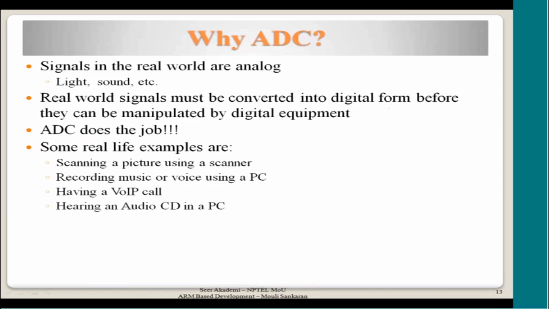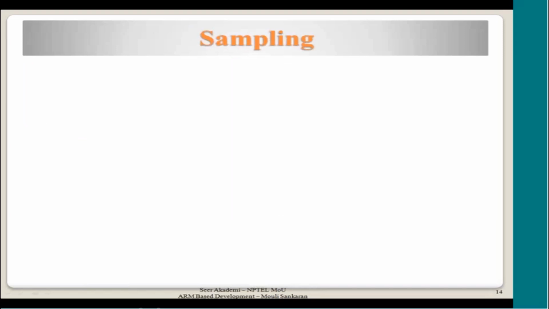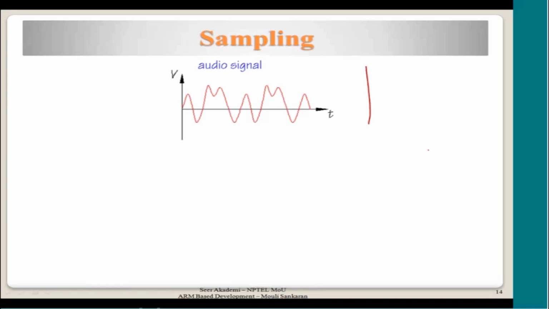If you have used Skype for a voice call, whatever you speak, and if it is a video call, then your image, everything is converted into digital and sent over IP packets. So it's all done in digital. Hearing your audio CD on a PC, or playing a DVD, viewing using a set-top box, anything is done with the help of an ADC.